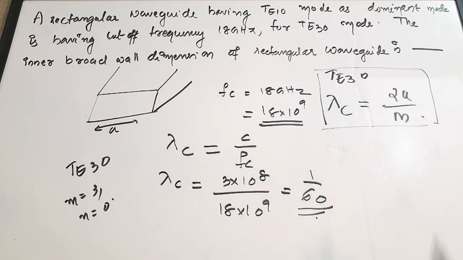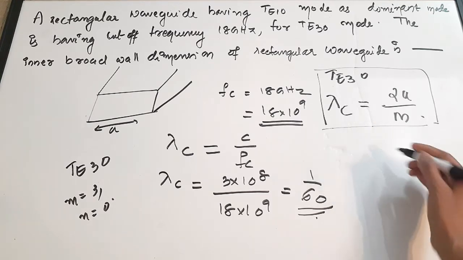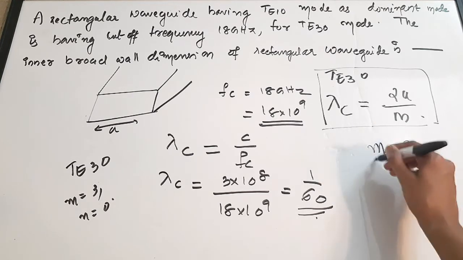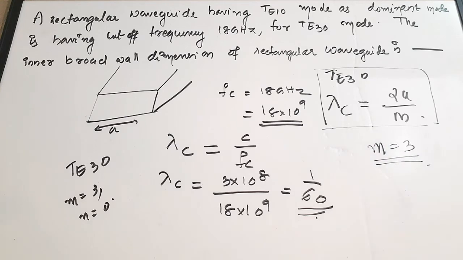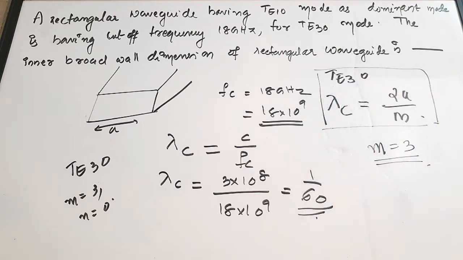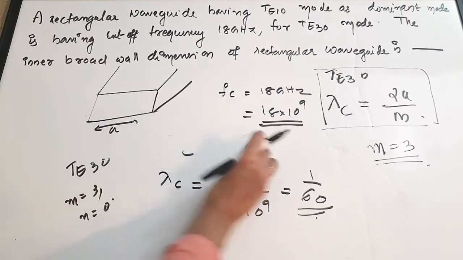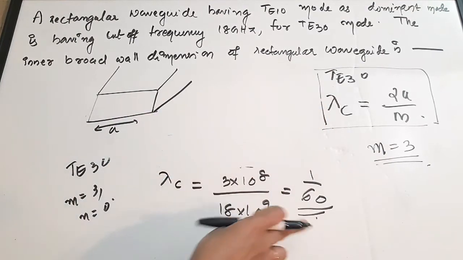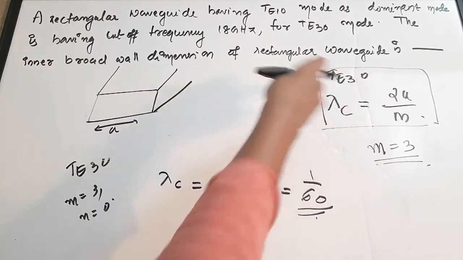Now, what is a? a is the value we actually need to find. It is the broad wall dimension. And what is m? m is equal to 3. So this is the equation for the cutoff wavelength for a TE30 mode, and in that, substitute m equal to 3. Then I'll equate it with this value, and then I'll be getting a.